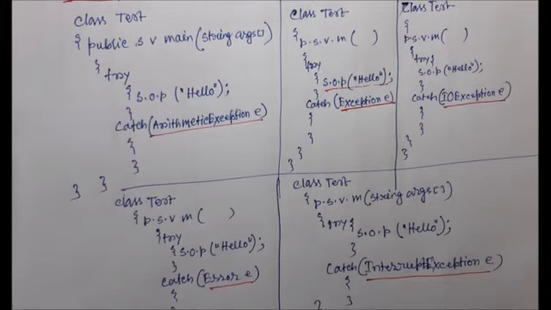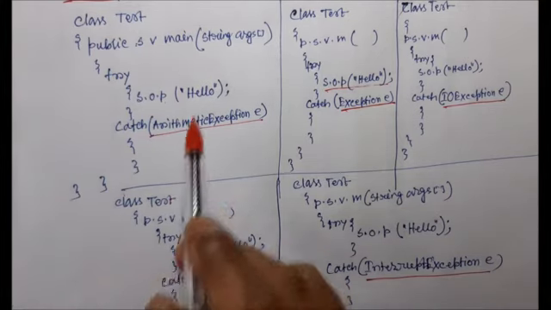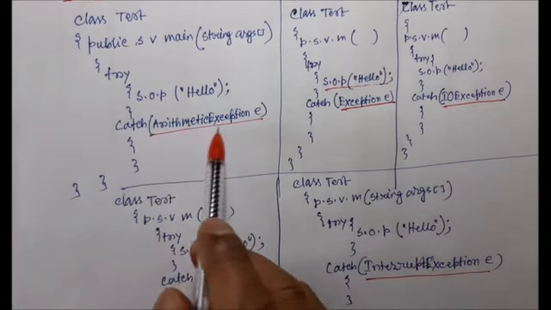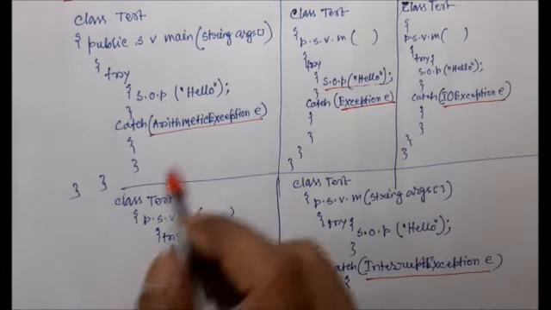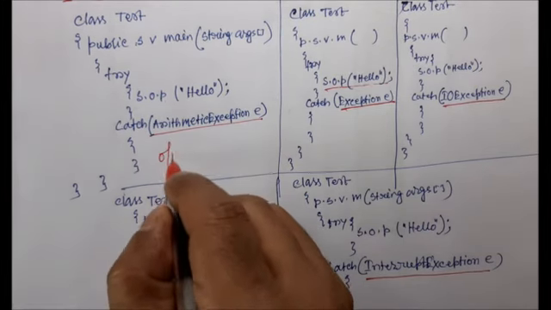Now tell me which one is correct and what kind of exception may arise, whether it is a runtime exception or a compile time exception. Let me analyze. In the first example, I have written a catch block with ArithmeticException. Now, is ArithmeticException a checked or unchecked exception? It is an unchecked exception. So compilation will be done, and in this code there is no error, so I will get the output hello, right.